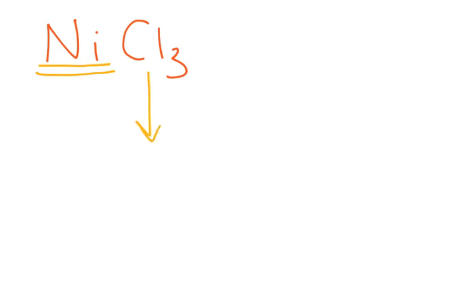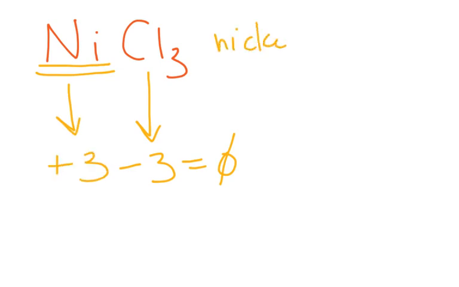Each chloride is -1, so 3 chlorides is -3. And remember that this has to equal 0. That means that nickel must be +3. So this compound is nickel 3 chloride.